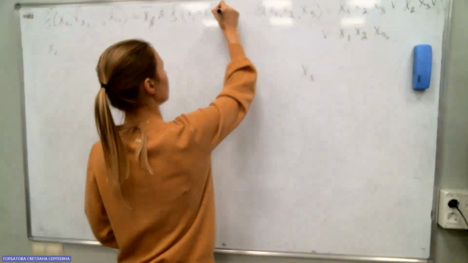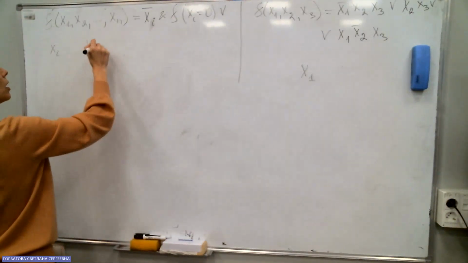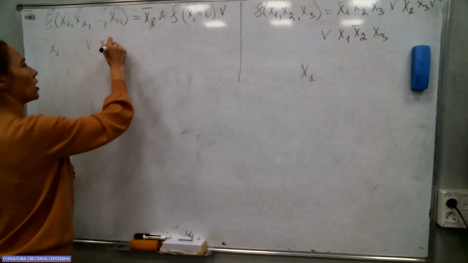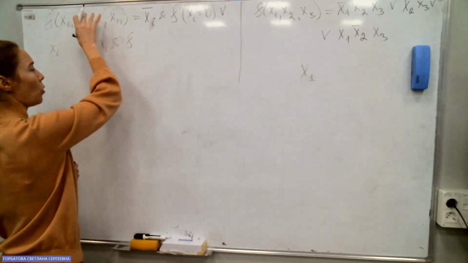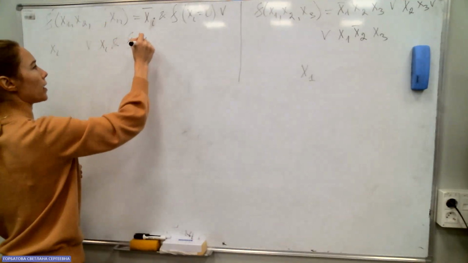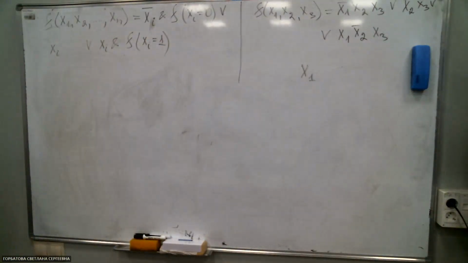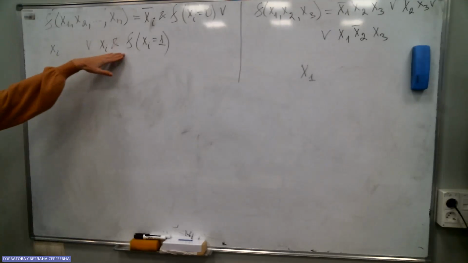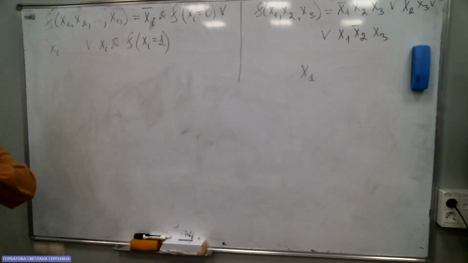Then disjunction xi without negation, conjunction f where xi equals to 1. I wrote here a different structure of formula, but these two formulas are the same.